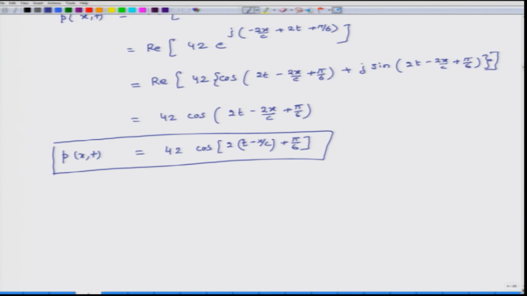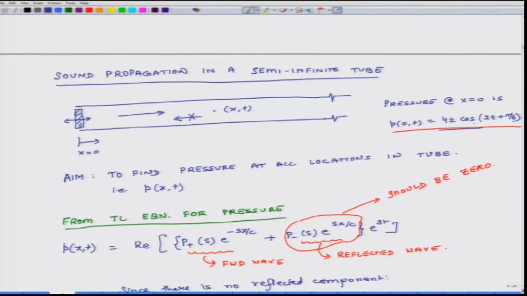So, that is the pressure in the system, in the tube, which is infinitely long, and at one end, at x equal to 0, it is excited by a piston in such a way that the pressure at x equal to 0 is defined by this relation.